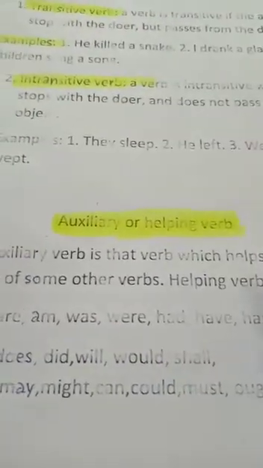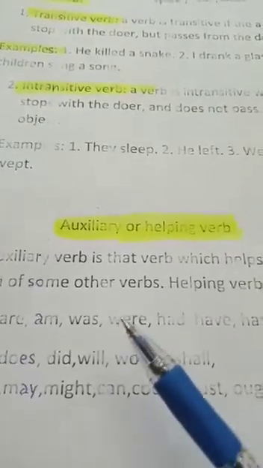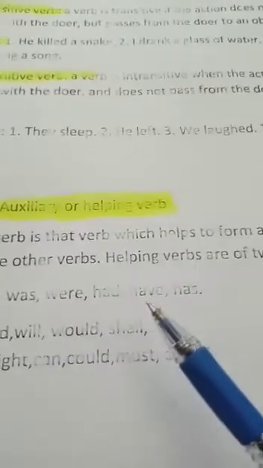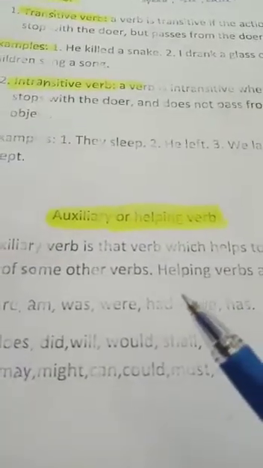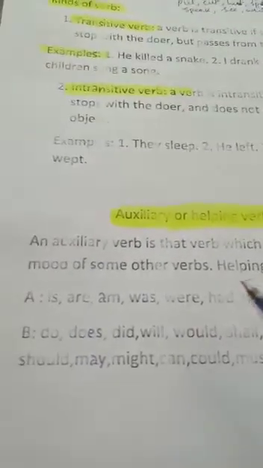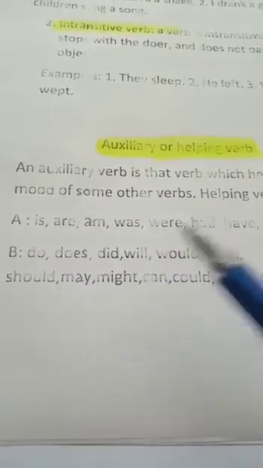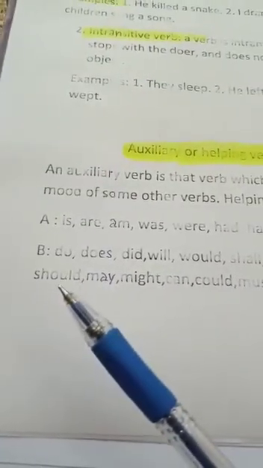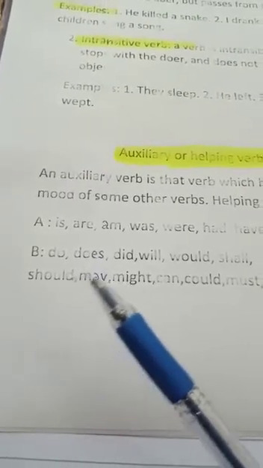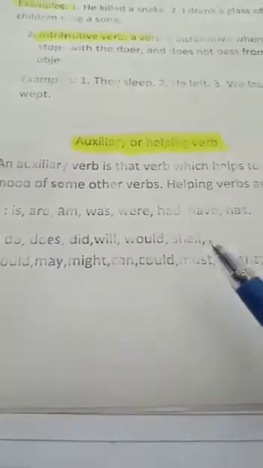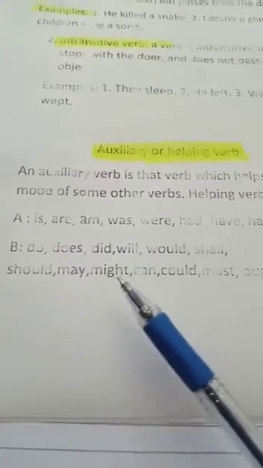It forms the tense and mood of some other verbs. These auxiliary or helping verbs are divided into two categories. A category has the following helping verbs: is, are, am, was, were, had, have, has. And the B category has the following: do, does, did, will, would, shall, should, may, might, can, could, must, ought.